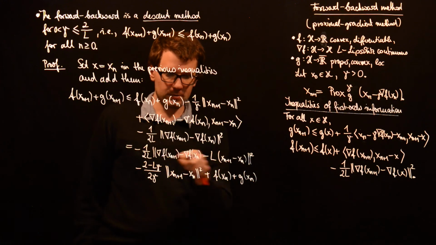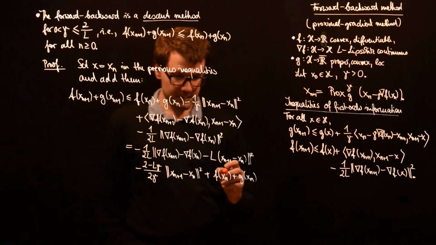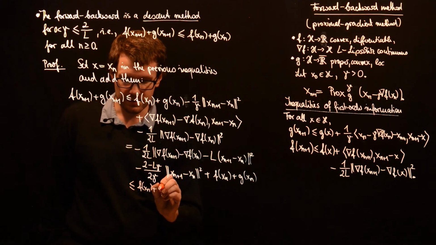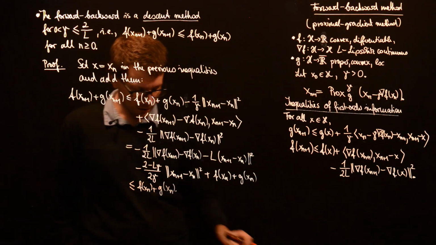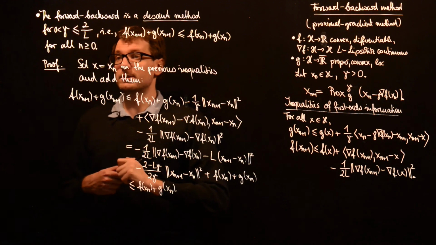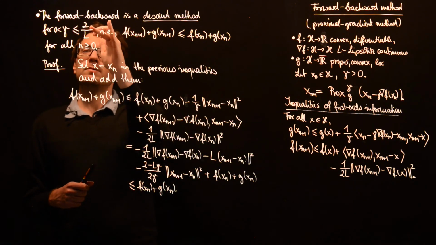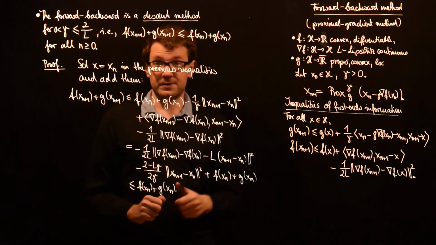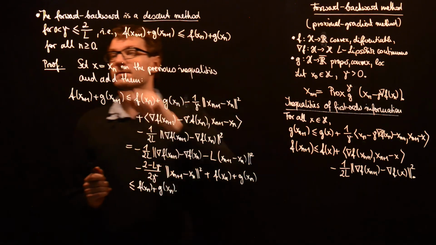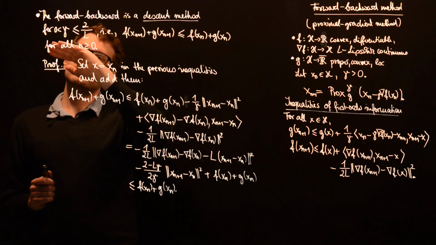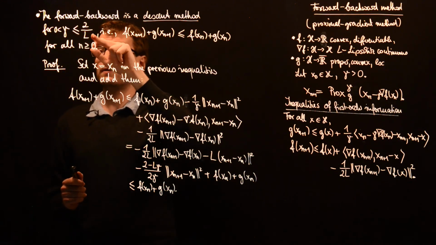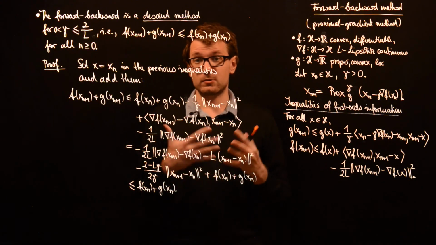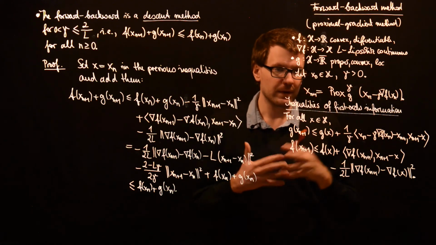This first term is also non-positive, and therefore the whole expression will be less or equal than f of xn plus g of xn. Okay, so we see, as long as we choose the step size less or equal than 2 over the Lipschitz constant of the gradient of f, we get the descent in function values. And we will actually see, as long as you choose gamma in the open interval between 0 and 2 over L, so without the boundary here, that we will get a global convergence to a minimizer of f plus g.